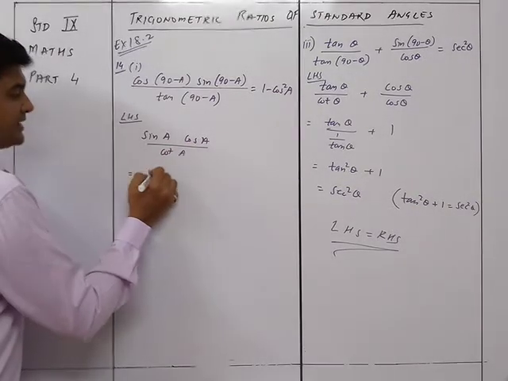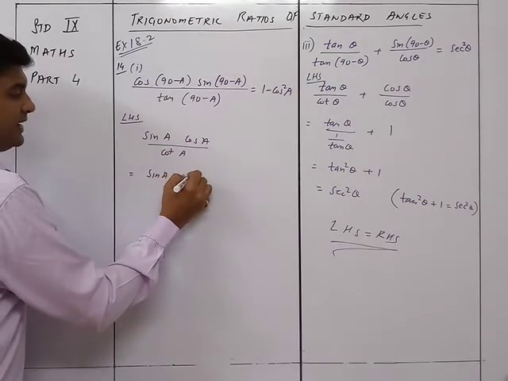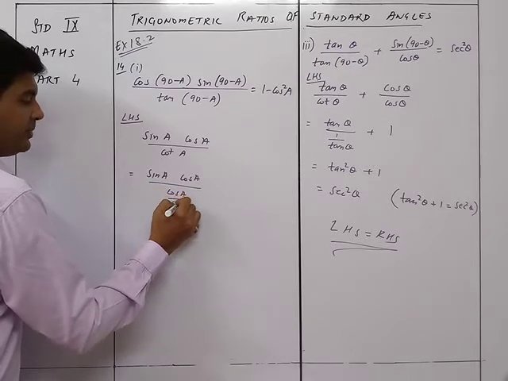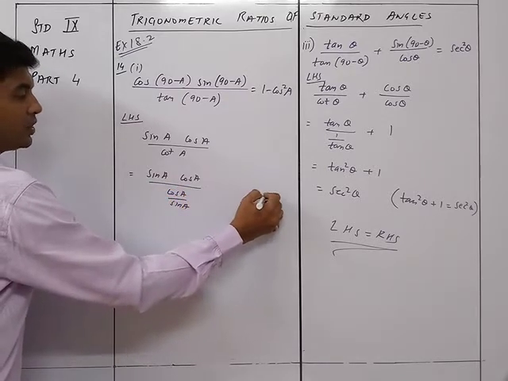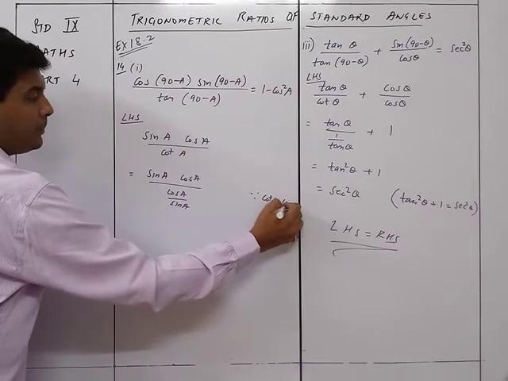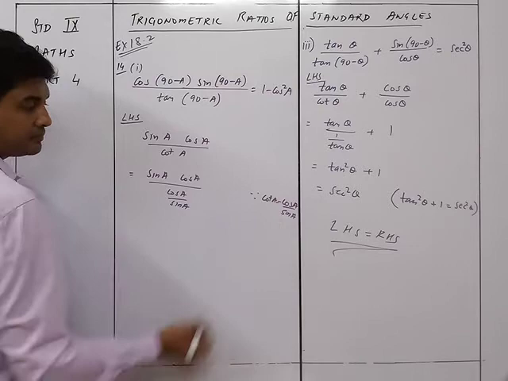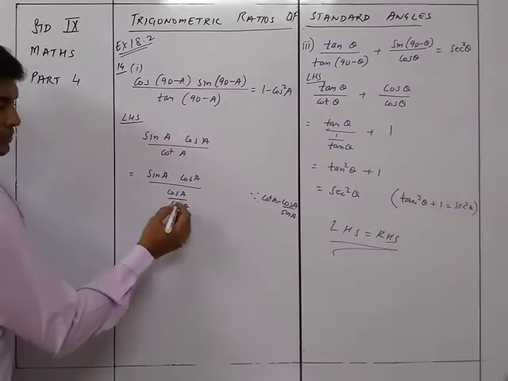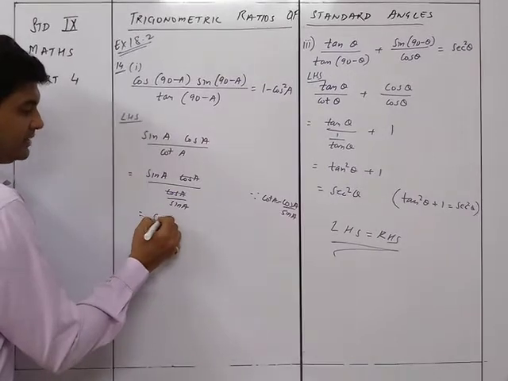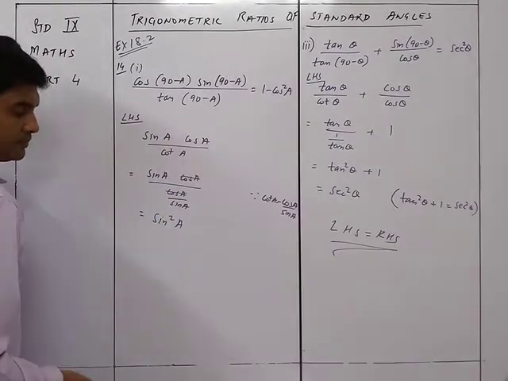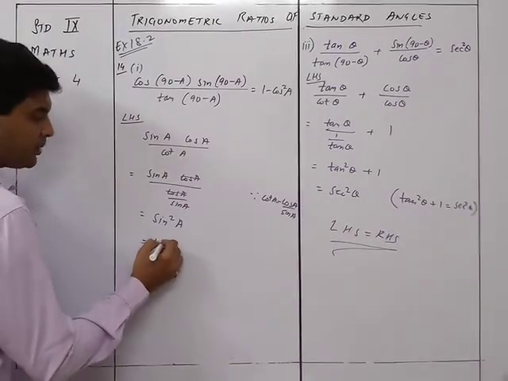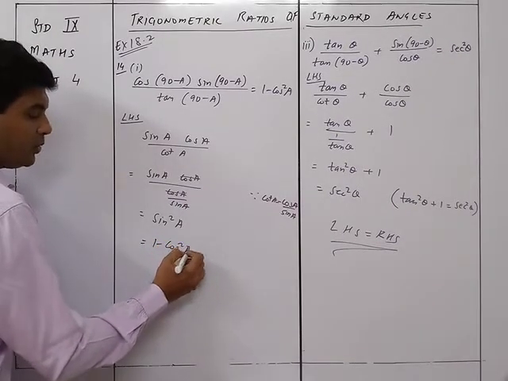So we have over here sin A cos A upon cos A upon sin A, because we know that cot A is equal to cos A upon sin A. So this sin goes up, cos gets cancelled, it will be sin square A. But you know that this is nothing but 1 minus cos square A. Why?